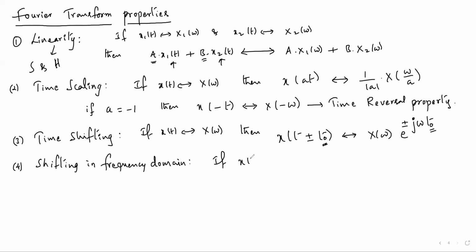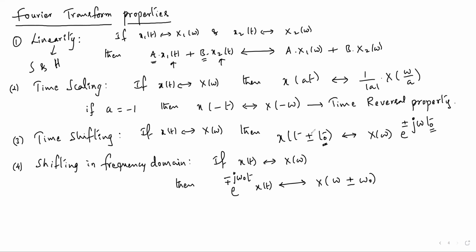If x of t Fourier transform x of omega, then if frequency domain signal is shifted by plus or minus some constant in frequency domain omega naught, then time domain signal x of t multiplied by exponential e to the power of j omega naught t. Observe here, not omega, omega naught constant, shifting constant. And observe here, plus or minus is there. Here, minus or plus should be there.